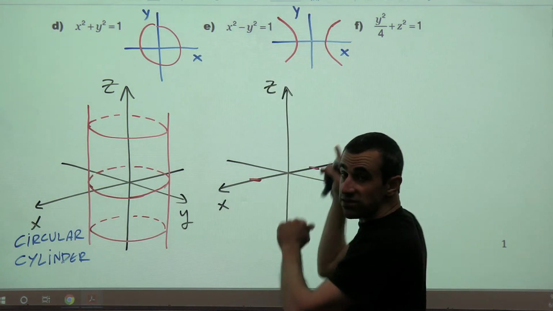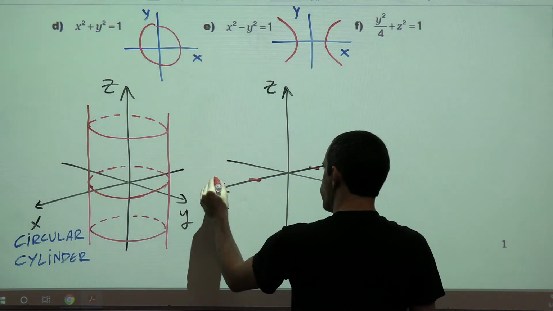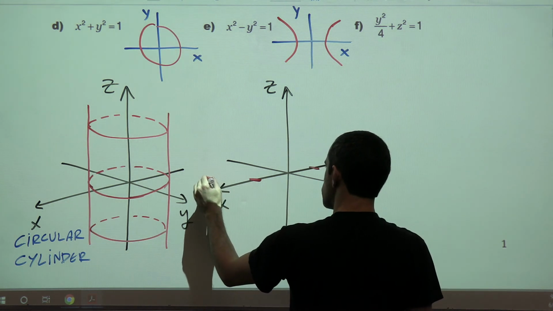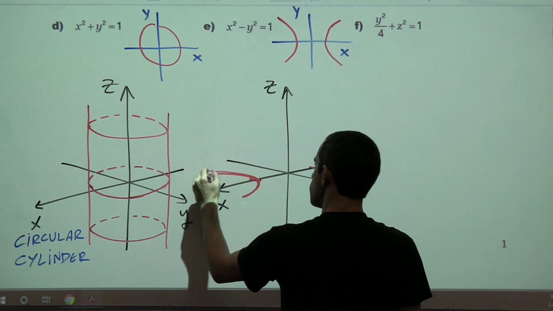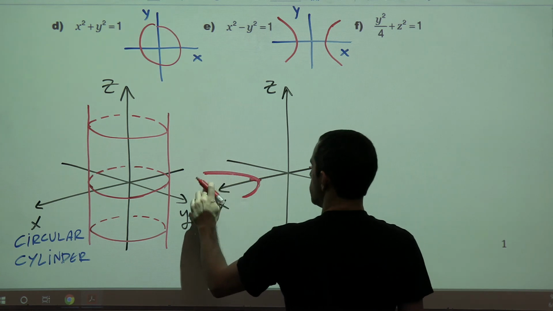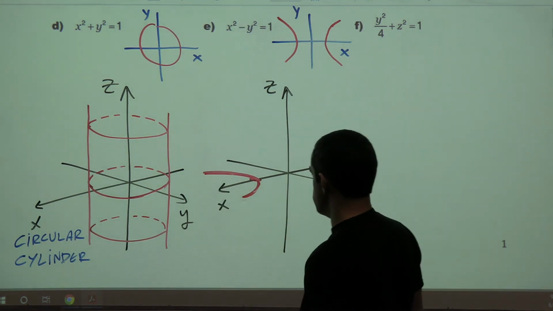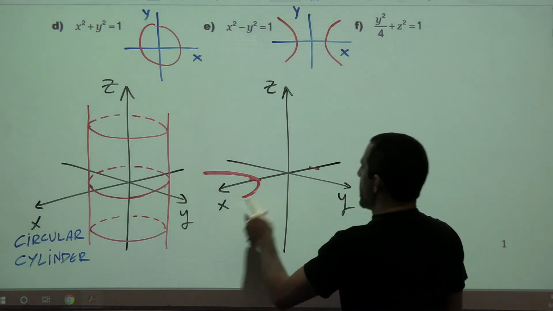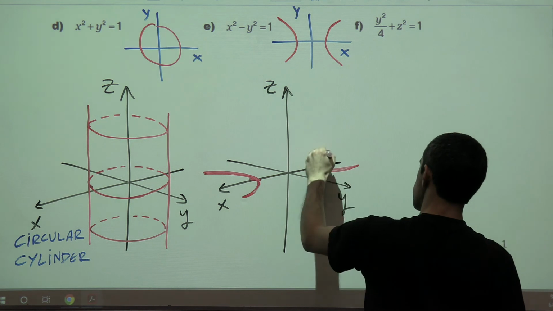So I'm going to have one branch that opens this way. I think that's good enough. I just want to make sure that it's big enough so that I have room to draw everything nicely. And there's going to be a branch on the opposite side here. So we're going to have a branch going this way here.